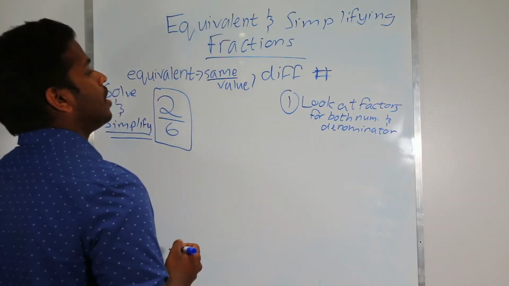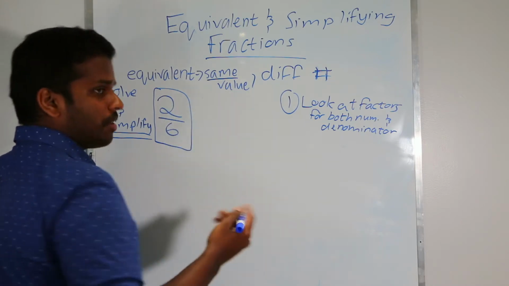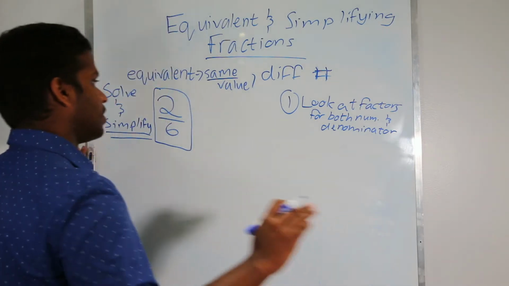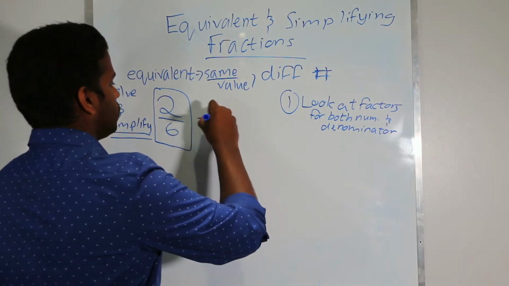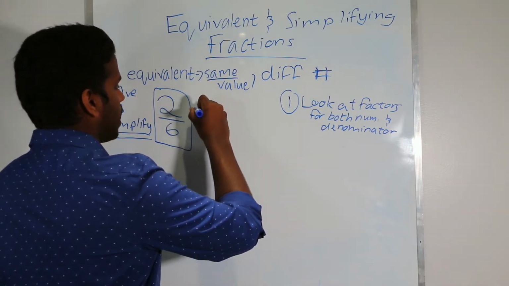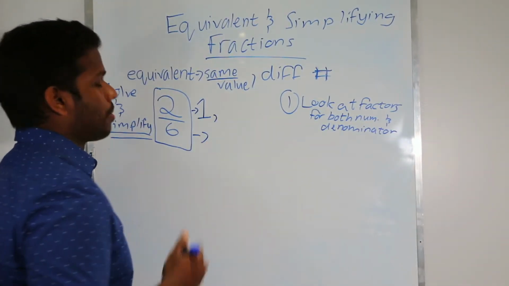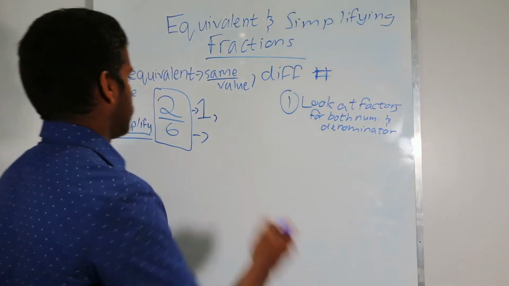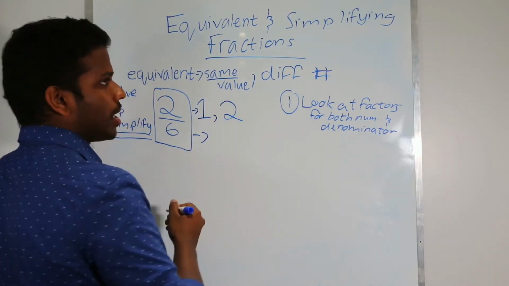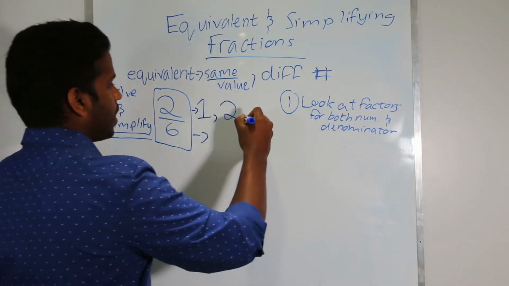Is 0 a factor? No, because 2 divided by 0 is undefined. So 0 is never a factor. 2 divided by 1: I'm just going to put an arrow right here. So 1 works. 2 divided by 1 is 2, no remainder, it works. 2 divided by 2 works. 2 divided by 2 is 1, it works. And we can't go greater than that, so it stops here.